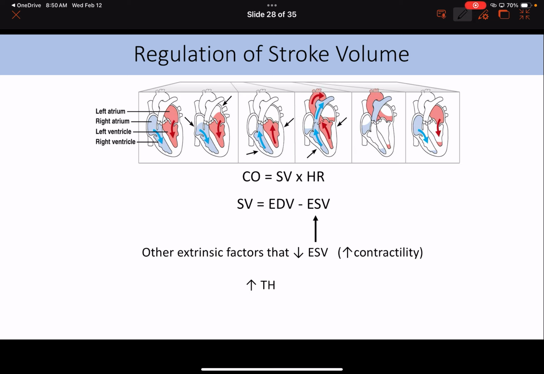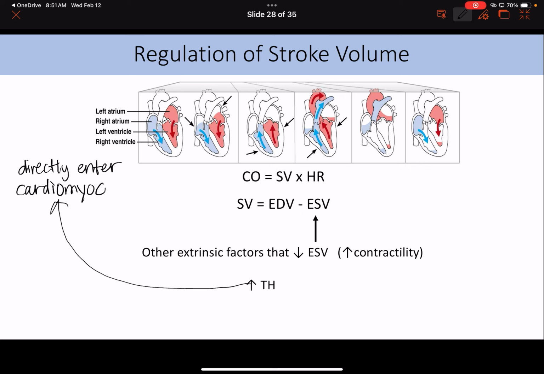Thyroid hormone can directly enter cardiomyocytes, which is just cardiac muscle cells, and increase their activity. So it increases contractility, which is going to decrease the amount of blood left over, or ESV, which increases your stroke volume.